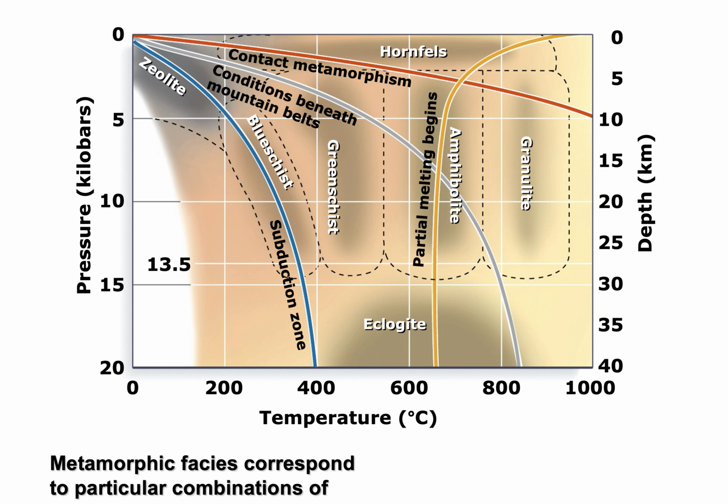So, the metamorphic facies correspond to particular combinations of pressure and temperature. The pressure and temperature values which I was just talking about have been cut away, but you have the pressure and temperature on your slide in the PowerPoint which I have uploaded on Moodle, so please recheck it.